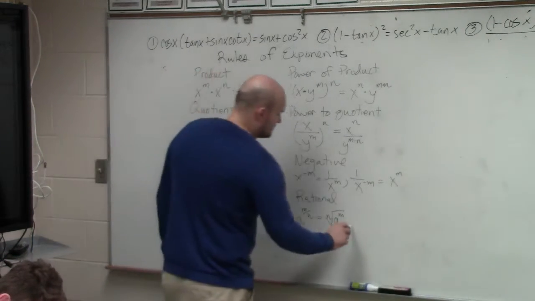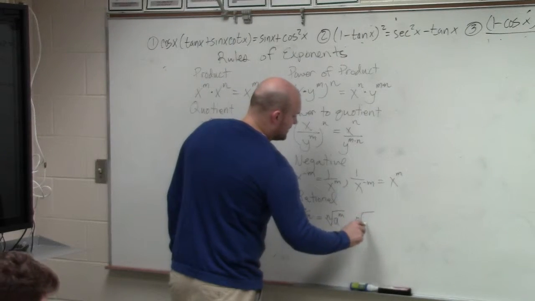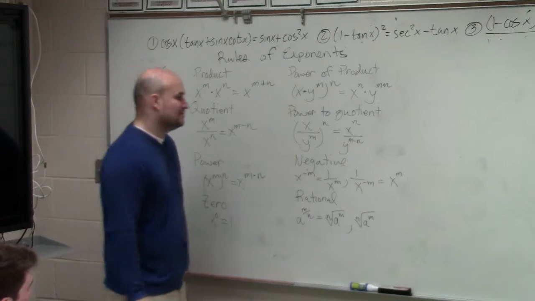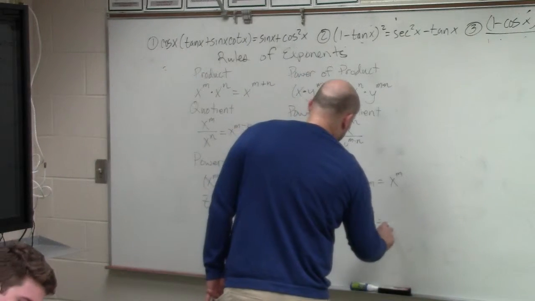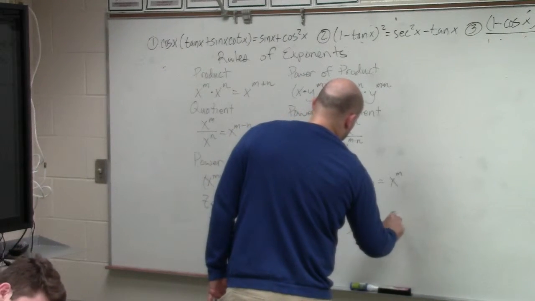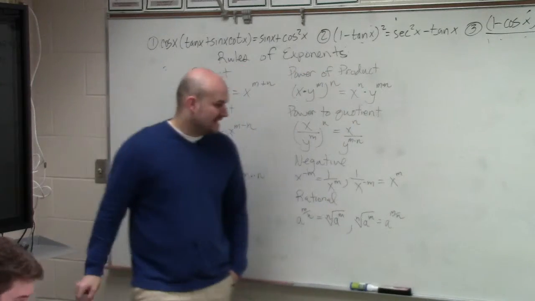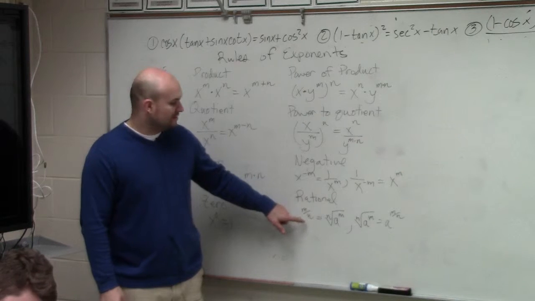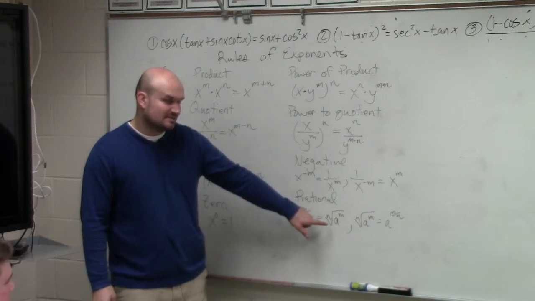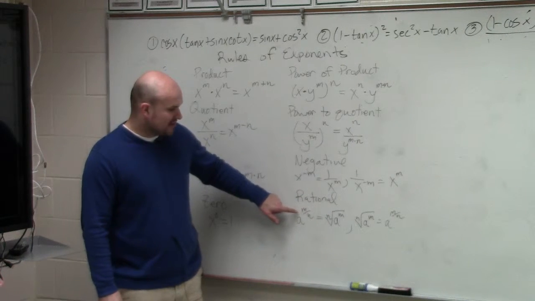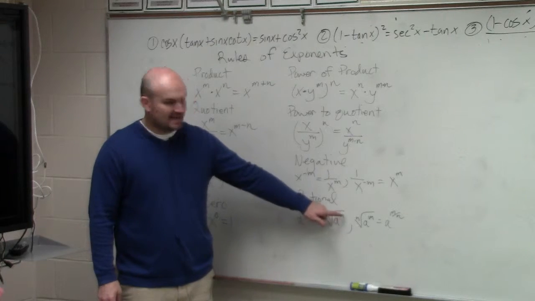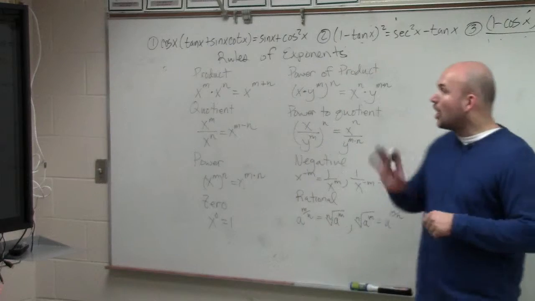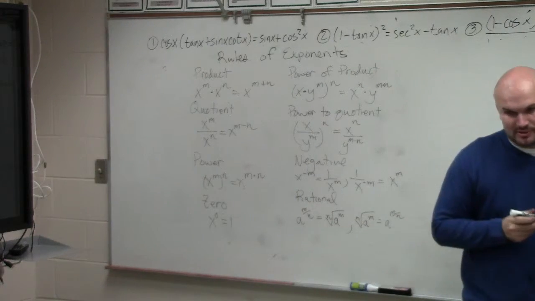Or if I give you the nth root of a to the m and say write it as a rational power, that's the same thing as a to the m over n. Notice that the denominator in the rational power is the same as the index. The numerator in the rational power is the same as what your radicand is being raised to. Those are all of your rules of exponents.